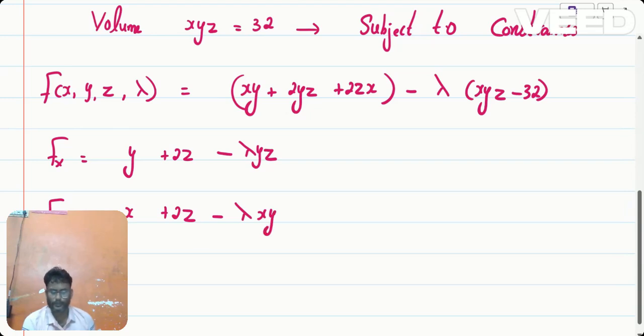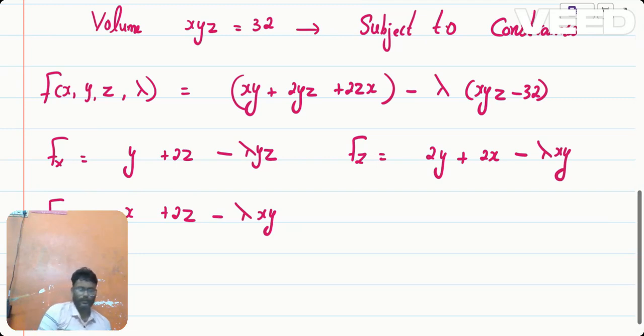Next, f sub z is equal to 2y plus 2x minus lambda xy.